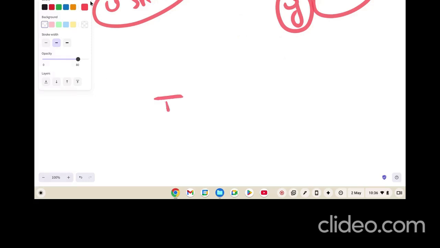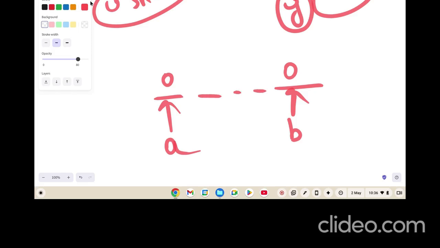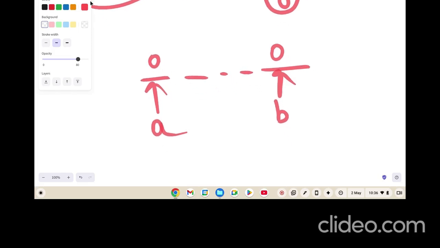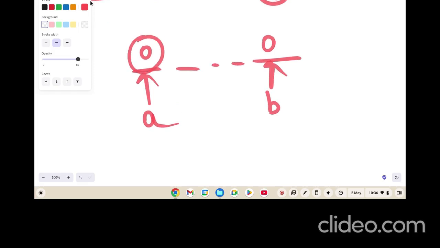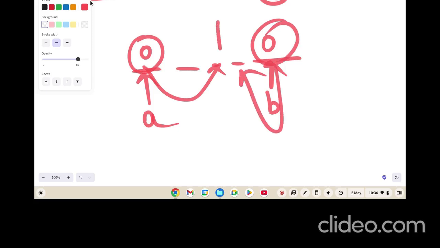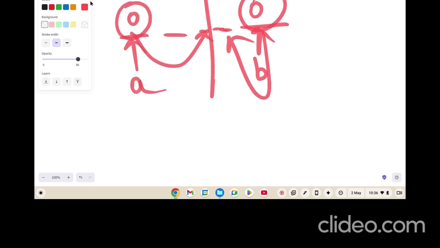Let's say you are expanding around this 0, which we called A, and this B, which was also a 0. What happened at a point is you thought of expanding around this, you came up to this point, and there were a few more elements in between, and you said, okay, this is not valid anymore, and you stopped.